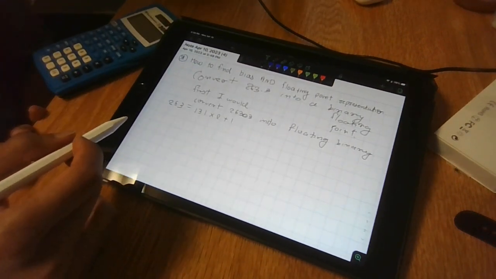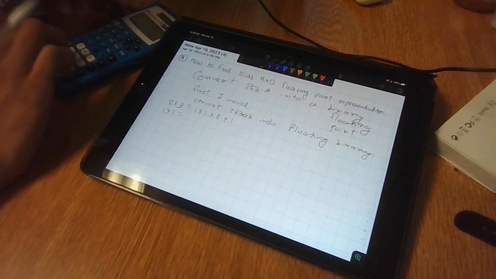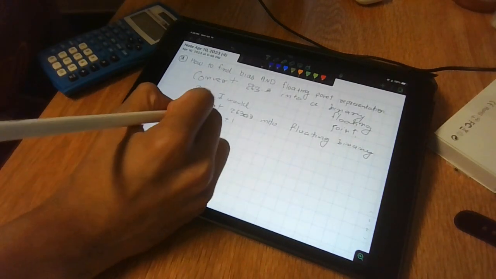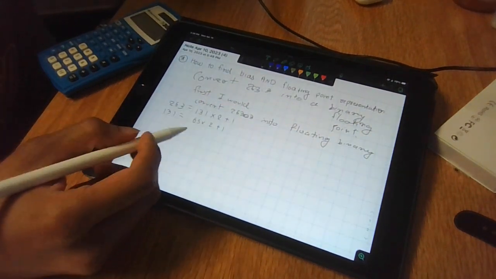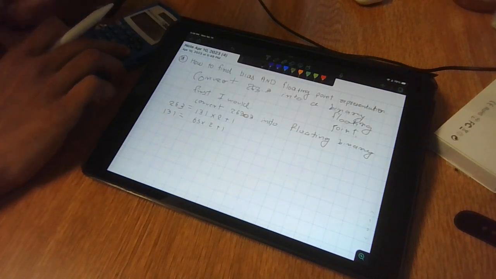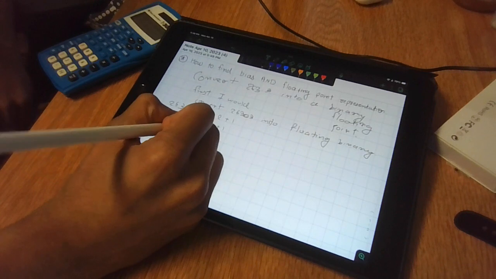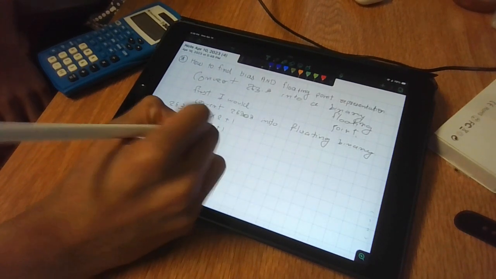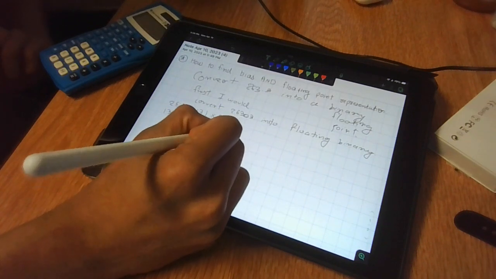Now after that, I have 131. 131 divided by 2 is 65, so you get 65 times 2 plus 1, right? And then 65 is 32 times 2 plus 1.